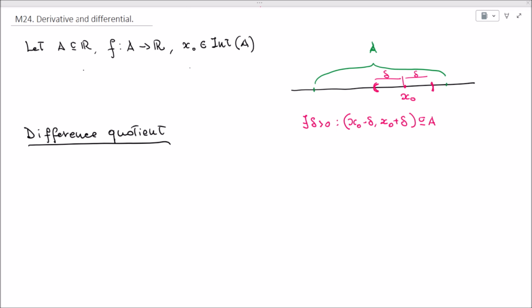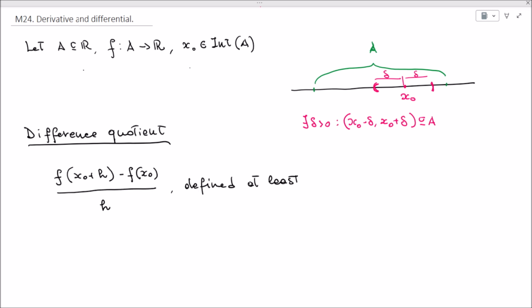The difference quotient of function f is defined as the ratio f of x naught plus h minus f of x naught divided by h, and this is defined at least for h that belongs to the interval minus delta, delta, except of course the point 0.